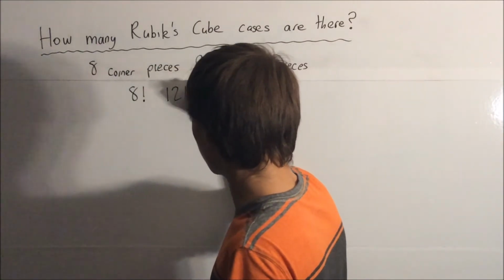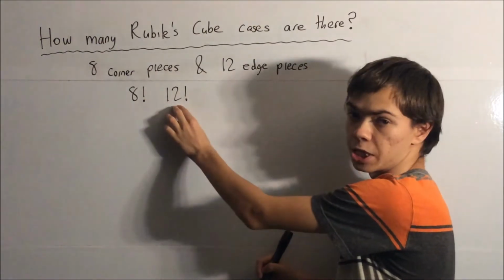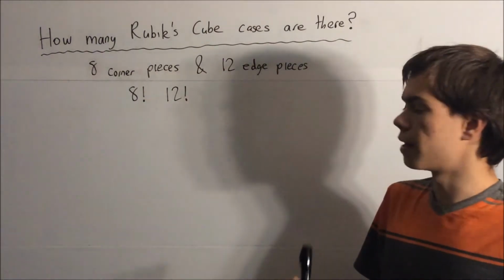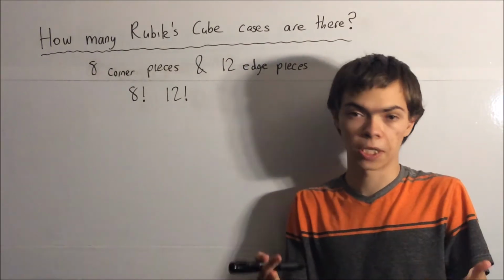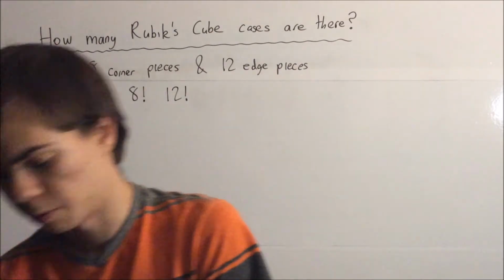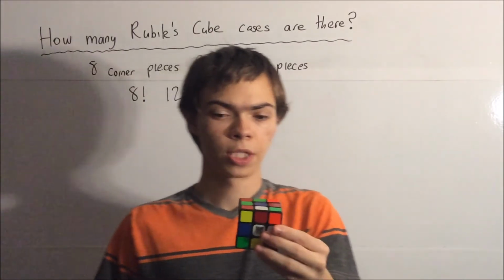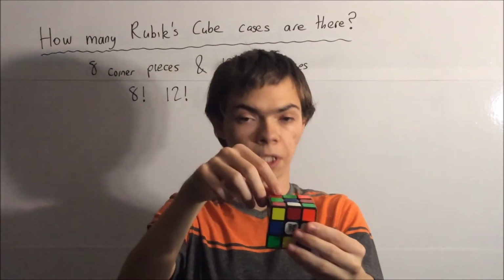So this would be the number of permutations for the corner pieces and the number of permutations for the edge pieces. Now, when I'm saying permutation, I'm talking about the position of the corner piece. So we have this Rubik's Cube right here. And when I'm talking about position, I'm talking about, oh, this is a position of the edge piece, or this is a position of the corner.